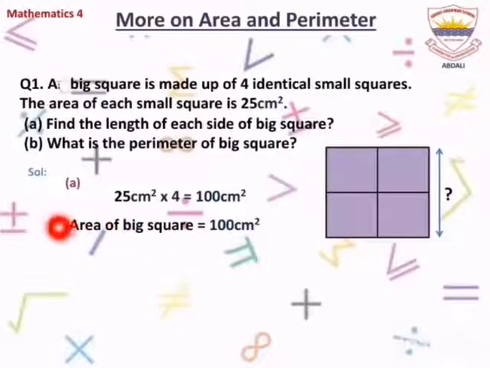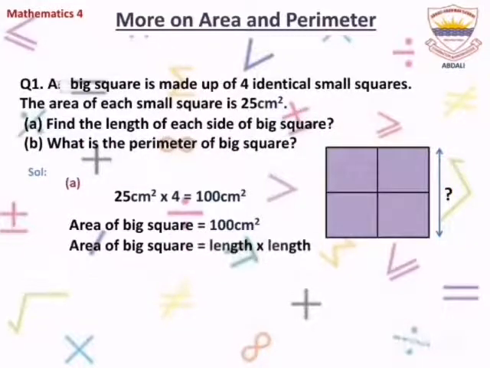Now students, the area of the big square is 100 centimeters square. Let's find out the length of each side of the big square. The area of a square is equal to length multiplied by length, because all 4 sides of a square are equal.